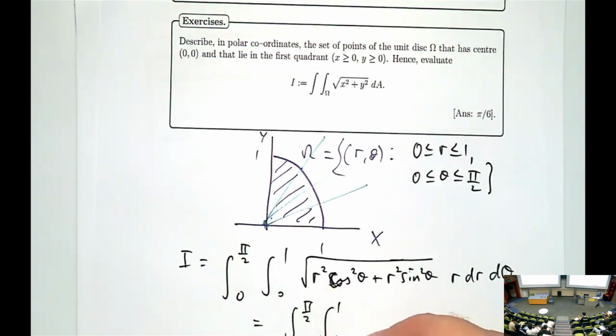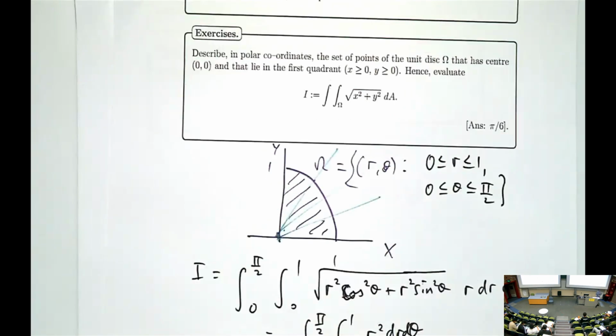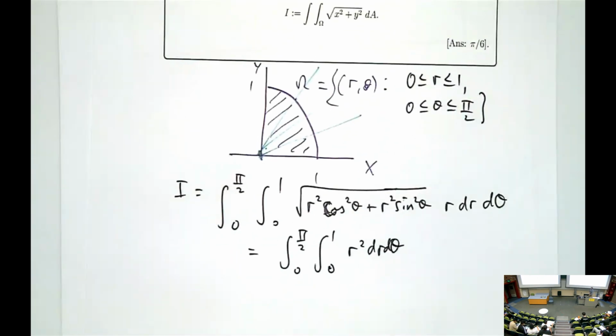That's going to become r squared d theta. That's it. So that's an easy integral to do. That's not the hard part. The hard part is setting it up. Okay? The hard part is setting it up. Questions?